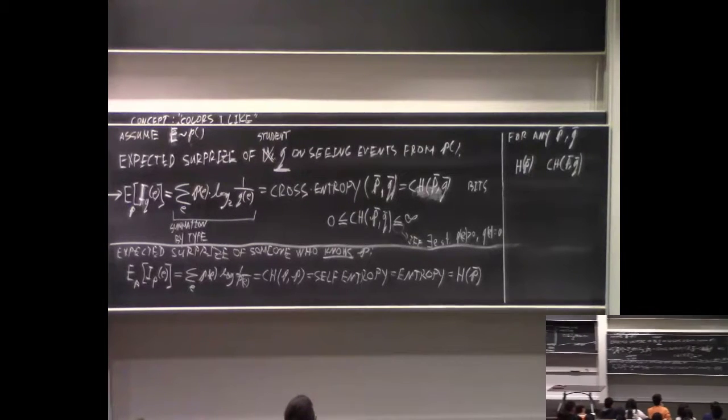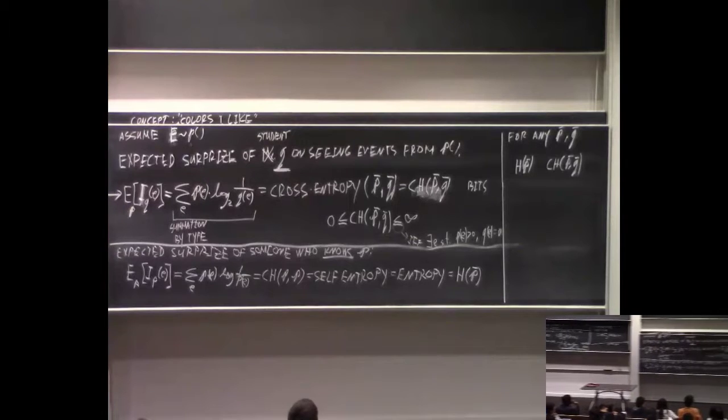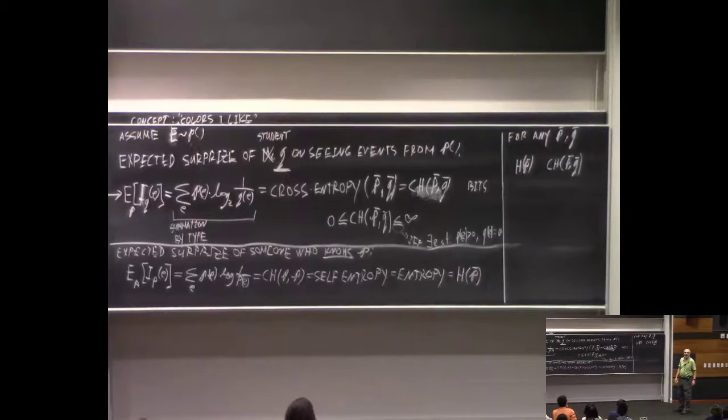Anybody wants to guess? What's the relationship between these entities? Yeah? Cross-entropy probably will be bigger. In fact, cross-entropy is guaranteed to be bigger or equal.